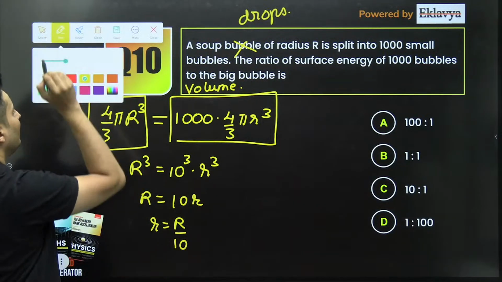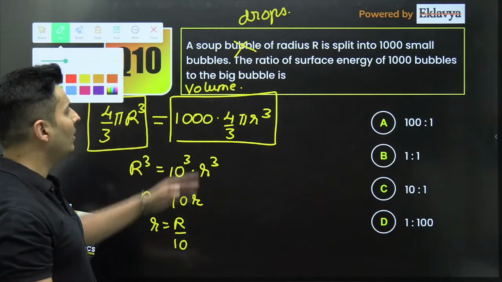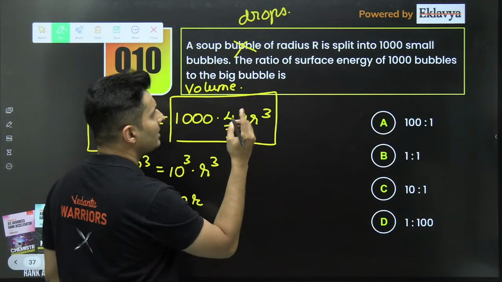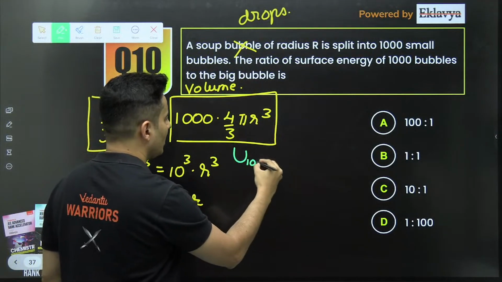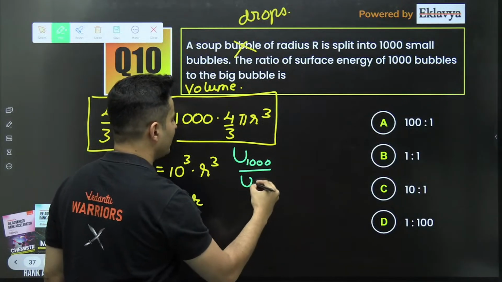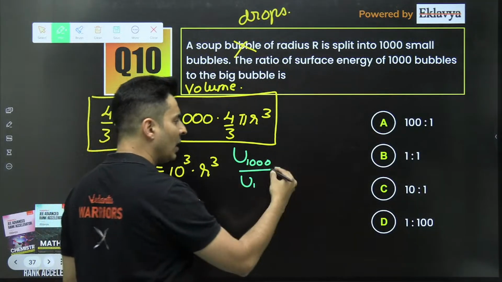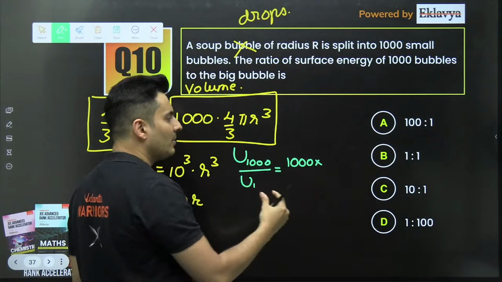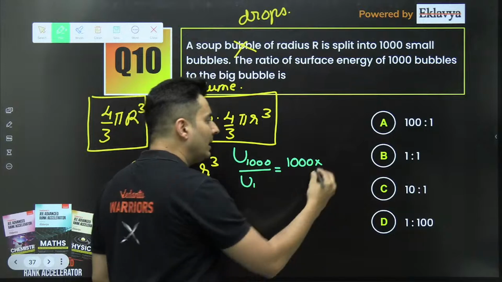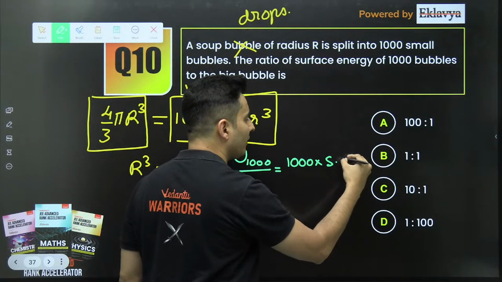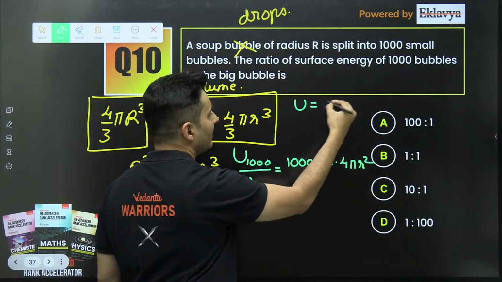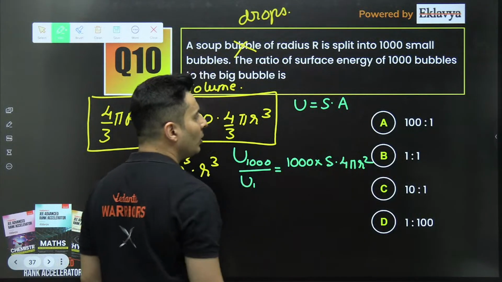Once I get this, finding the surface energy becomes very simple. Surface energy of 1000 bubbles upon the surface energy of one bubble. 1000 bubbles means 1000 into energy of each bubble. It will be nothing but S into area of each bubble, which is 4 pi r square. Remember, surface energy is surface tension into area.